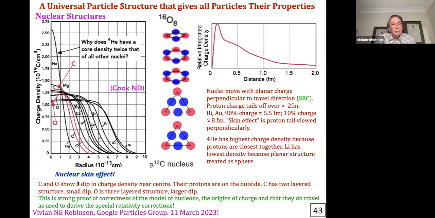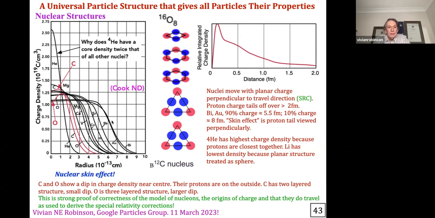The nucleus, or all nucleons, in fact all particles, move with the charge plane rotating in this direction, and they move in this direction. So what you're seeing here in this skin effect is all of these charges superimposed upon each other and the electrons coming down from the top scattering from them.